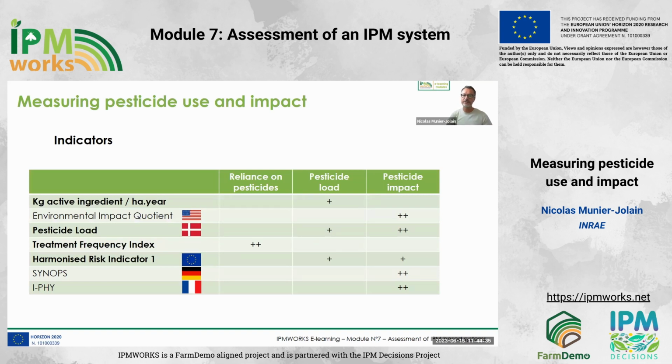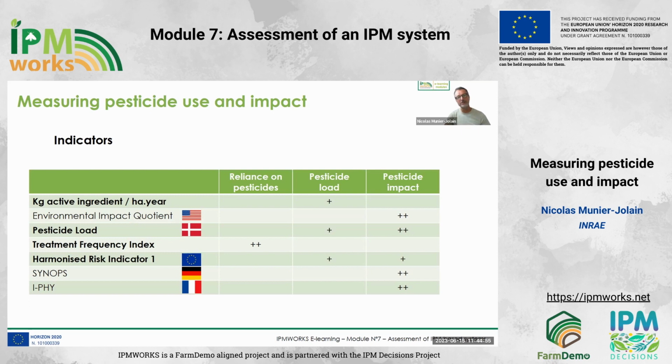There are plenty of indicators for measuring pesticide use and impact. In this table below, we see that all indicators are not necessarily measuring the same thing. Some indicators are measuring the reliance of agriculture on pesticides.